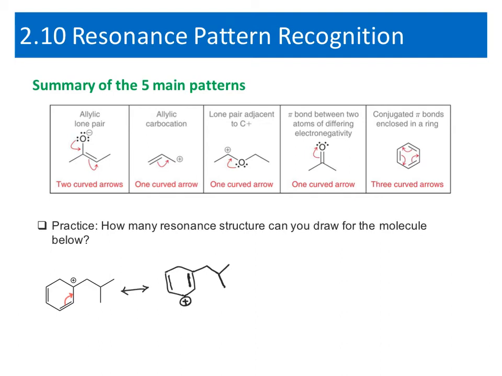Again, if you look at this molecule, you can recognize the next allylic carbocation with this double bond. So you can move the pi bond here to draw the next resonance structure.